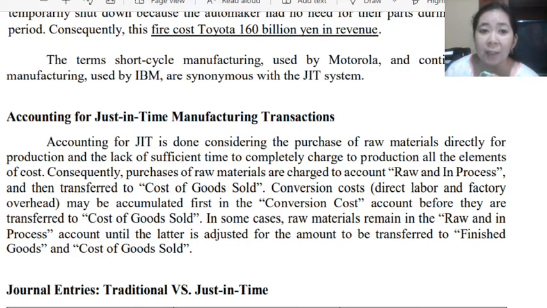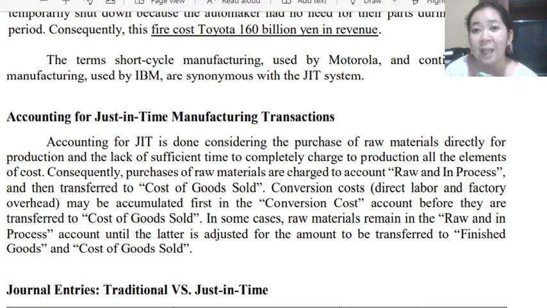So consequently, purchases of raw materials are charged to the raw and in-process account. Okay, we do not separate the raw materials from the work in process account because under JIT, again, we order the inventory only when there is an order from the customer. So basically, what they order is placed into production.